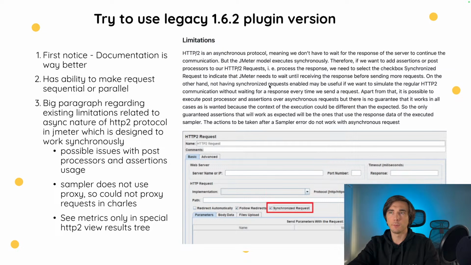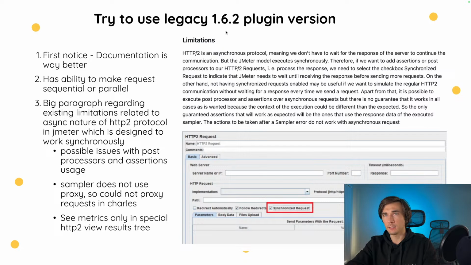An important thing I saw there is the limitation block, a huge paragraph with the limitations. And that's actually why they moved from this legacy version 1.6.2 to the 2.0.2 version, a new major release, because it was redesigned from scratch.